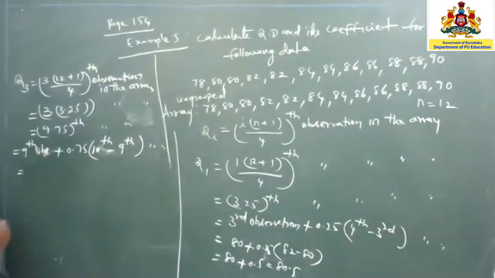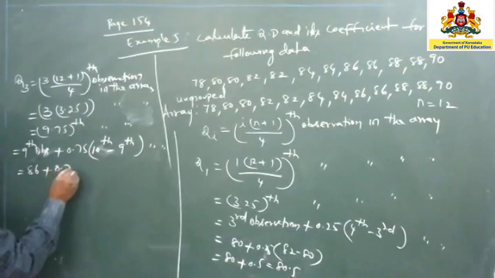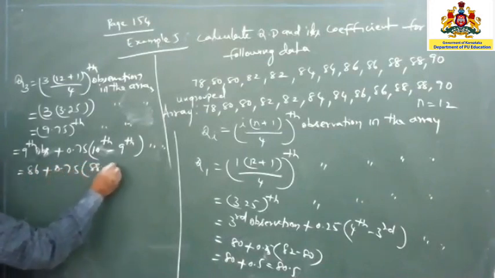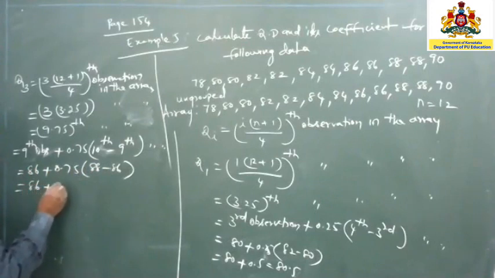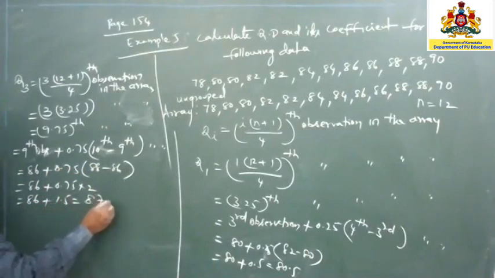Ninth observation is 86, 10th observation is 88. So 86 plus 0.75 into 2, that is 86 plus 1.5, which is 87.5.